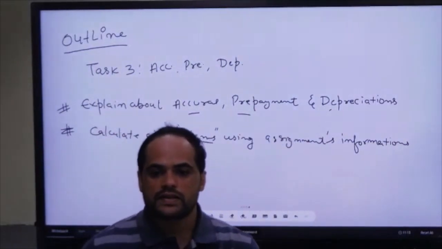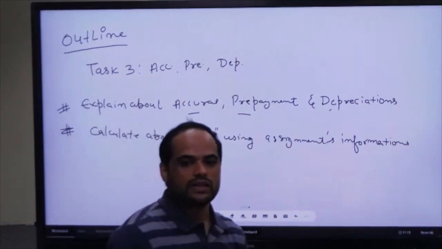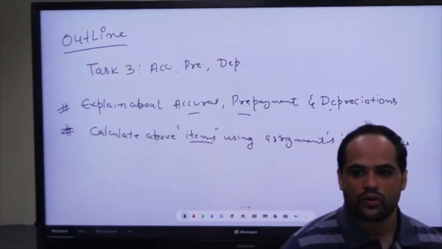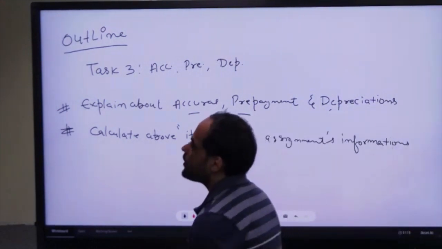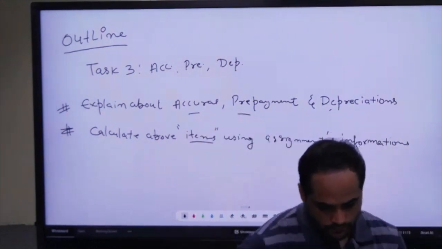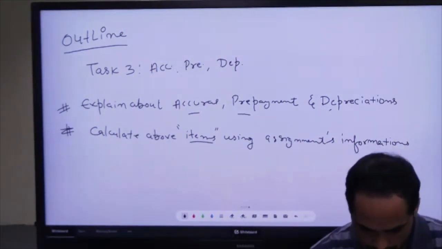Why must we multiply 321 divided by 3? Let me open your assignments.